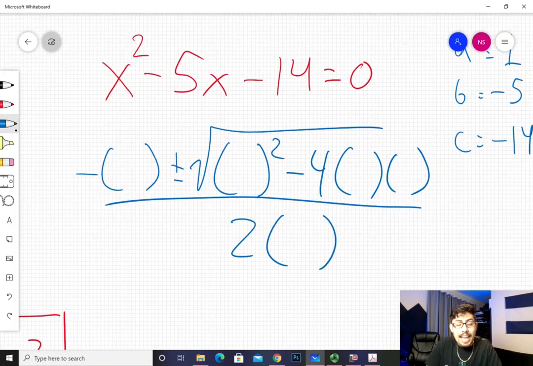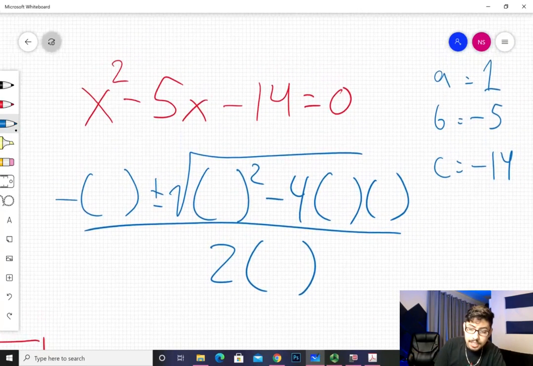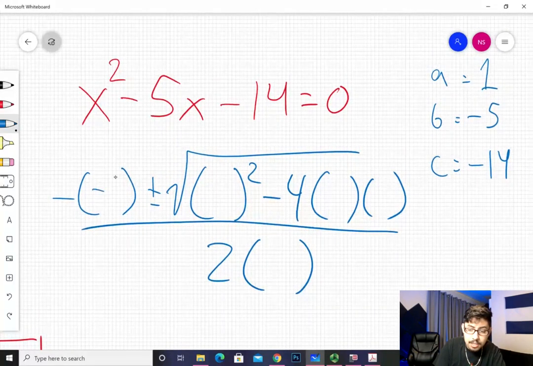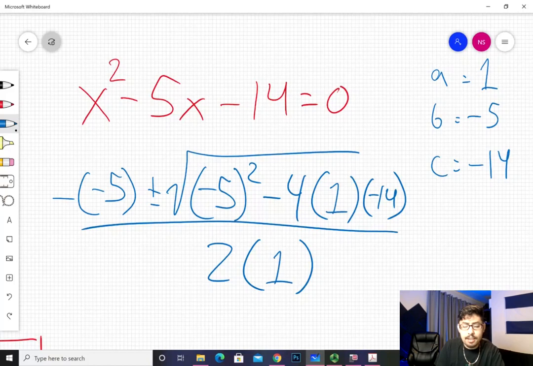Once we get that, step number 4, punch in your key into each designated spot. In this case, this was a B, this was a B, A, C, A.